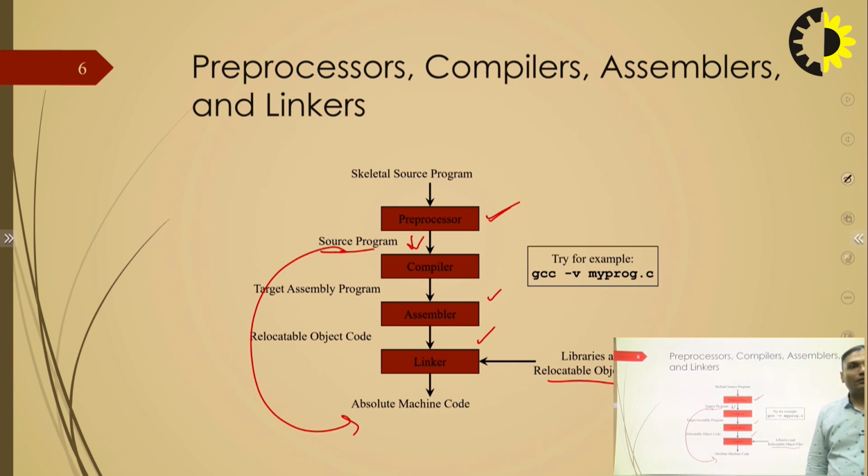So this is the process of how preprocessor, compiler, assembler and linker work. So preprocessor makes the program readable by the compiler. Compiler may require assembler. It may require linker just to link the necessary libraries and other files, just to convert the source program into the machine code.